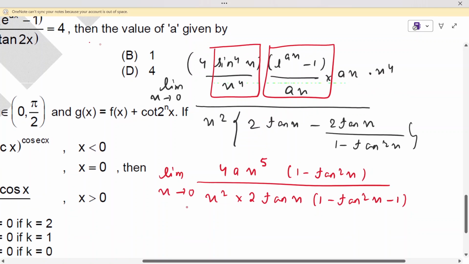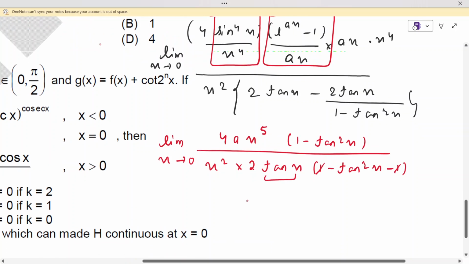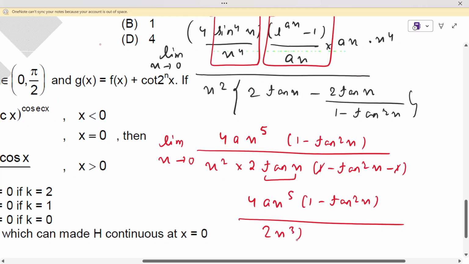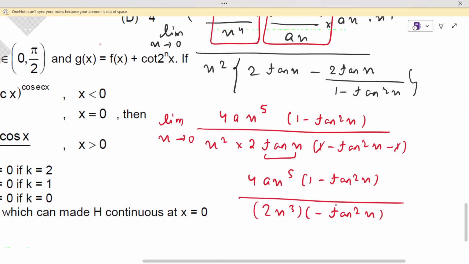So I can easily see this one and this one will cancel, and now I have 4ax to the power 5 into 1 minus tan square x divided by 2x cube minus x square, like minus tan square x, so minus x square, right?